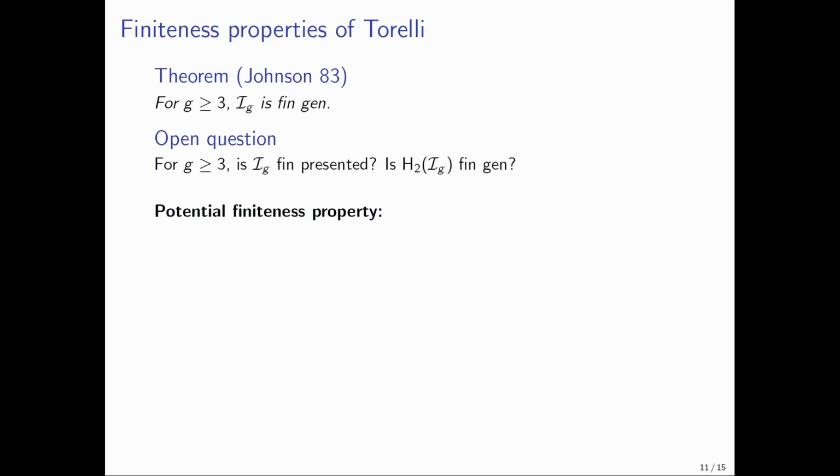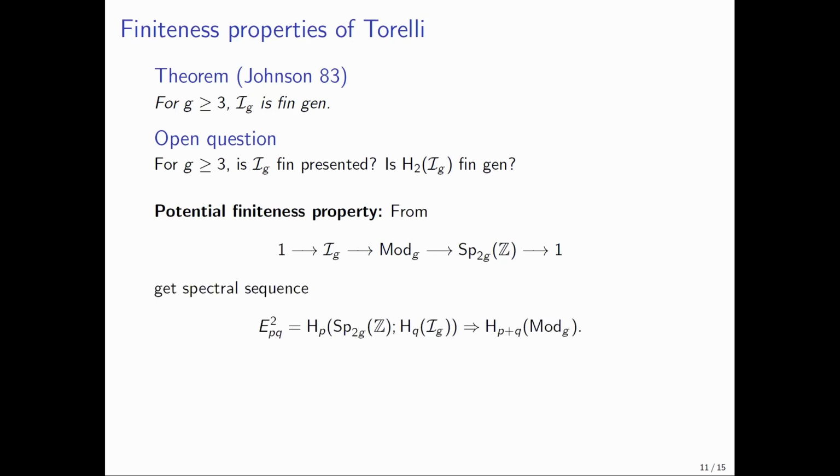Now, there is one potential finiteness property that's worth pointing out. We have this short exact sequence: one goes to Torelli, goes to the mapping class group, goes to the symplectic group, and that gives us a spectral sequence converging to the homology of the mapping class group. We have H_p of the symplectic group with coefficients in H_q of the Torelli group. That's the E2 page, which converges to the homology of the mapping class group.